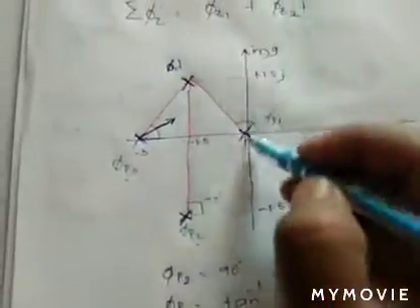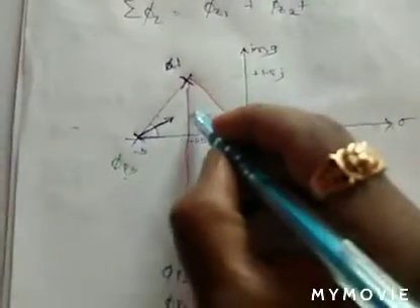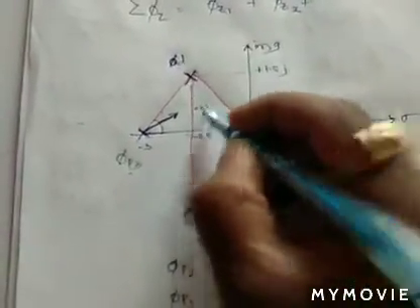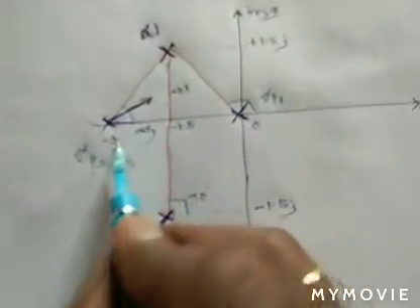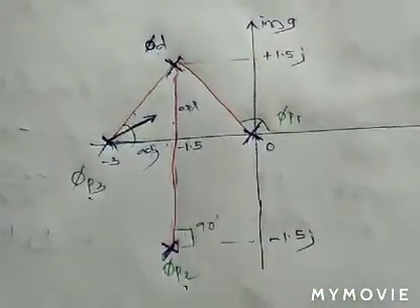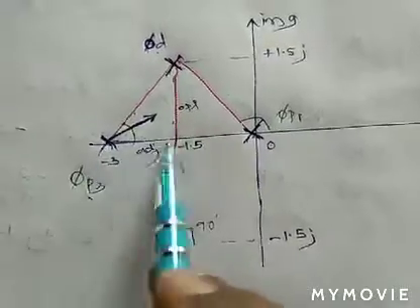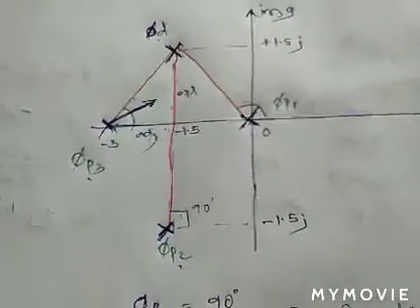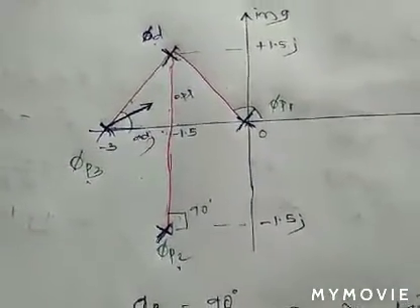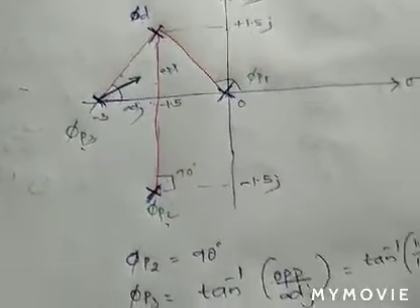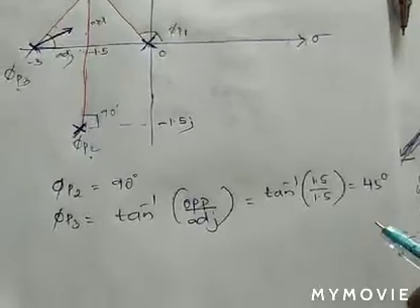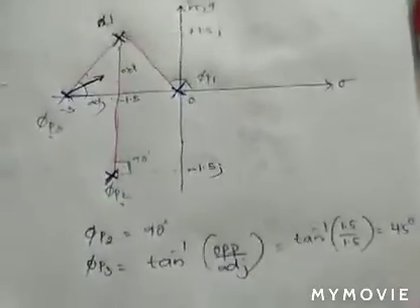How much is the opposite? Measure it: 1.5. Then this is the adjacent. How much is it? Measure it: again 1.5. So tan inverse of 1.5 by 1.5, that is 1, and you will get 45 degrees.